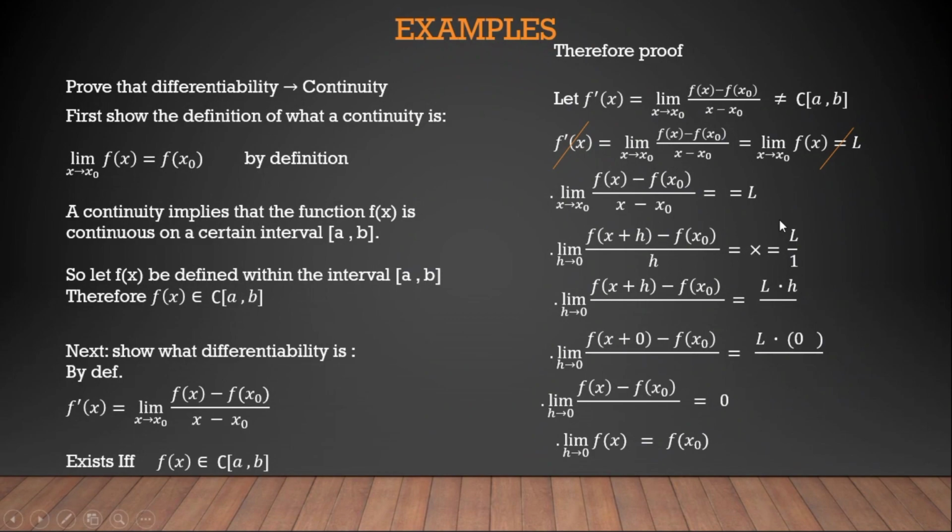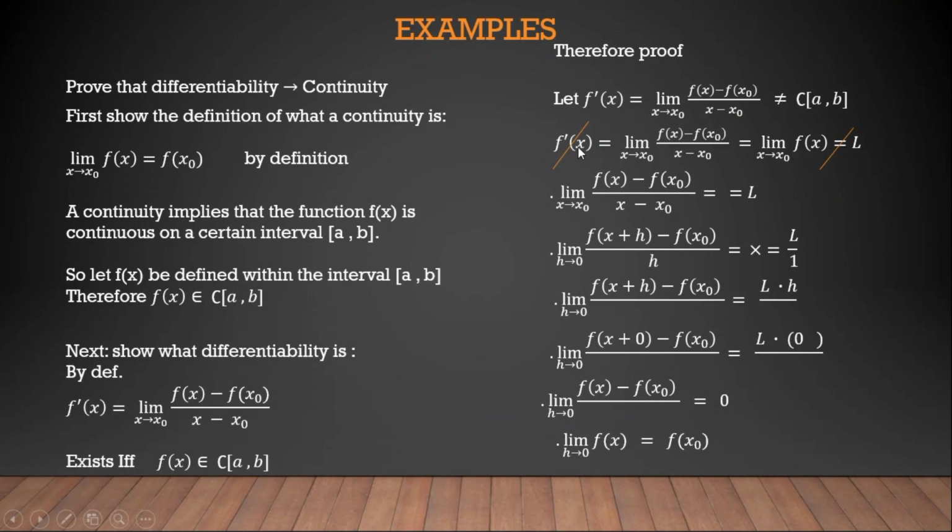Therefore, we plug in the opposite of what continuity is, and we also plug in the definition of what a limit is. So we have f prime of x, which is equal to the limit as x approaches x naught of f of x minus f of x naught divided by x minus x naught, which is equal to the limit as x approaches x naught of f of x equals L.